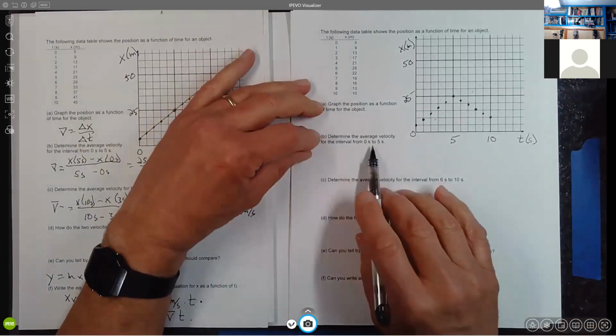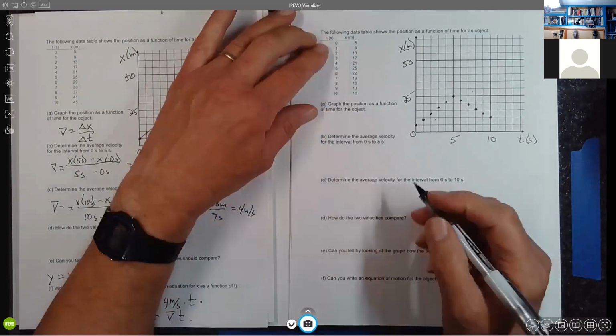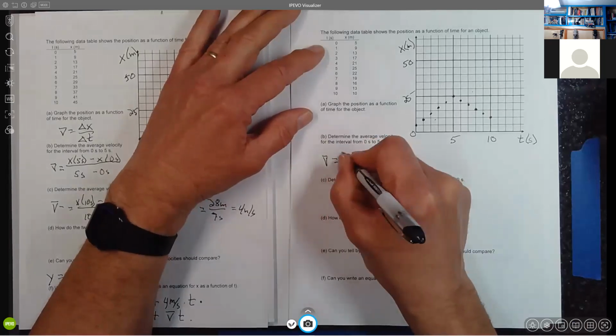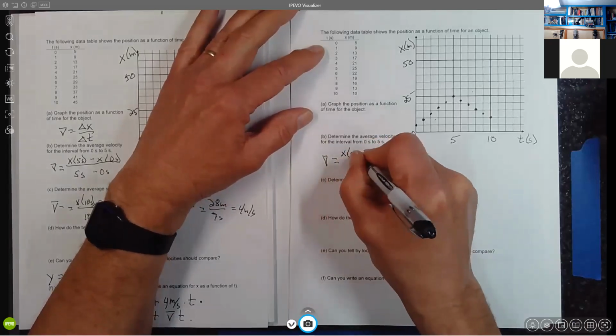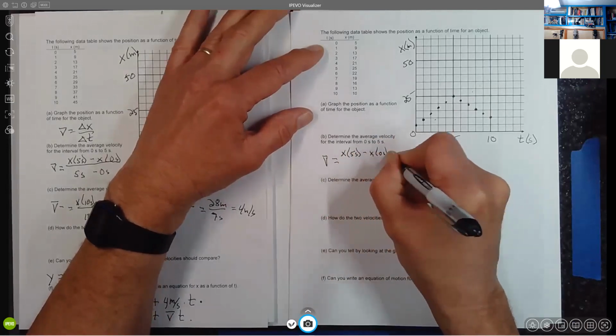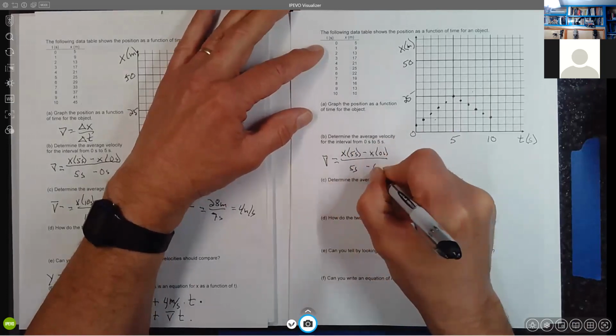Determine the average velocity for the interval from 0 seconds to 5 seconds. Okay, average velocity is going to be x of 5 seconds minus x of 0 seconds divided by 5 seconds minus 0 seconds.